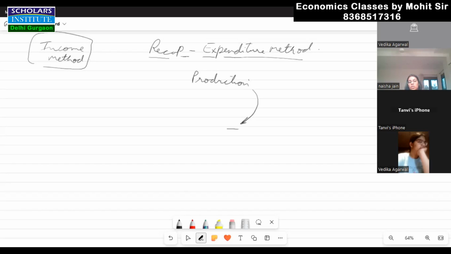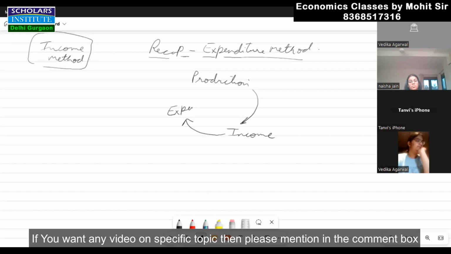So it will generate income for the households. When the households have got the income, they will buy goods and services, and thus they will do expenditure, which will again lead to further production, and the economy goes on. Okay, this is how the economy functions. Production occurs, income generation occurs, expenditure occurs.